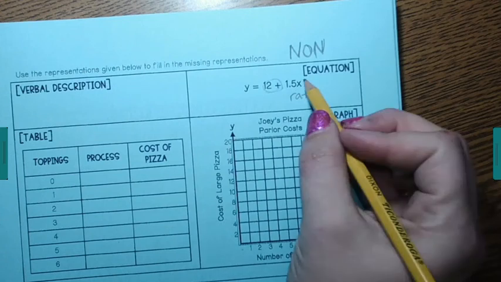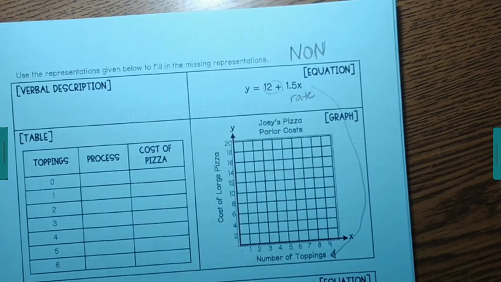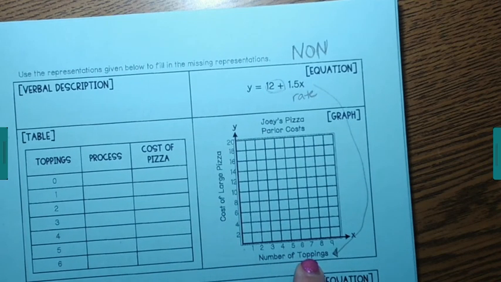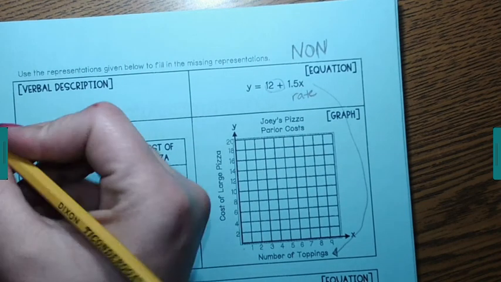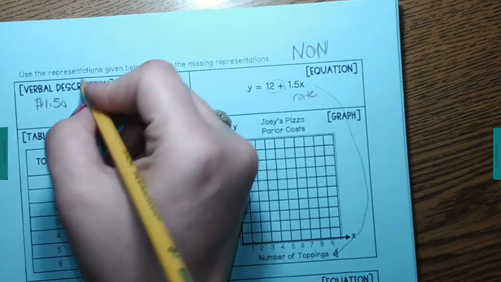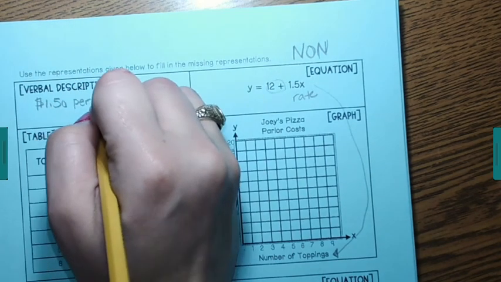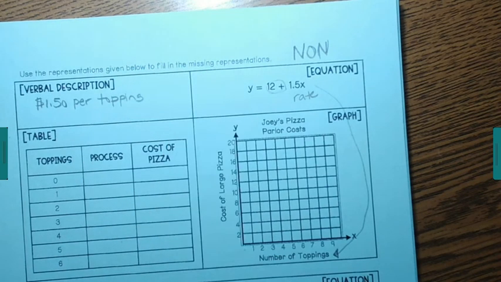So look down here at your x. Your x is talking about what? Number of toppings. So what do you think the 1.5 means, if we're talking about the cost of a pizza? Yes, good, Zanaya. It's $1.50 per topping, or for each topping, or for every topping.